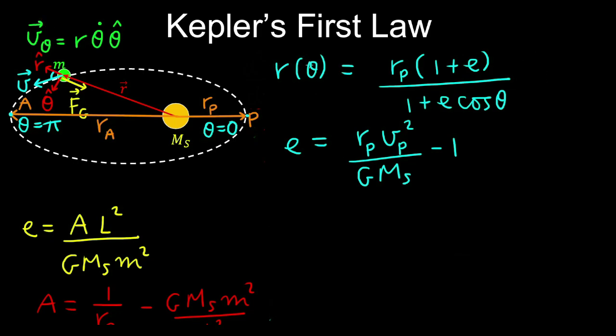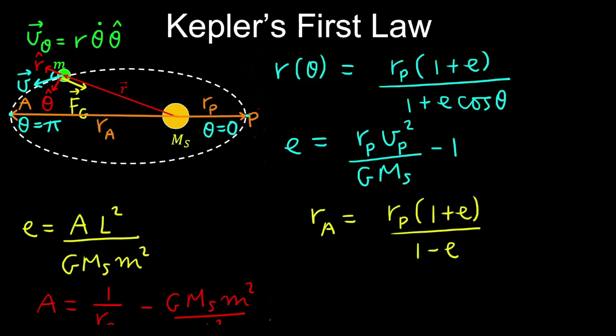Now when theta is equal to pi, we get the distance to aphelion, which is the distance to perihelion by 1 plus e on 1 minus e.